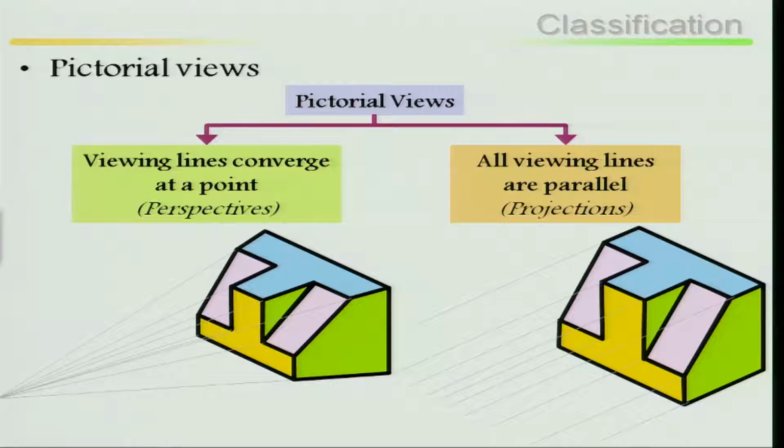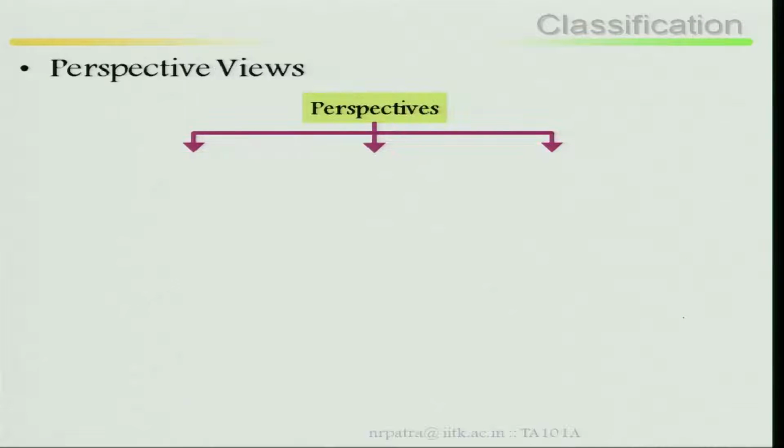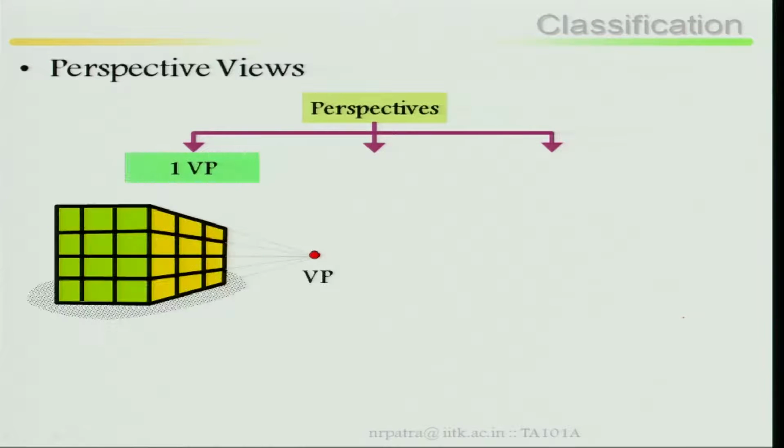Then the other part is where all viewing lines are parallel. This is called projections. So pictorial view has two parts, remember: one is where viewing lines converge at a point, perspective views; then viewing lines are parallel, this is called projections. Then perspective views are again classified into three parts. First one is one vanishing point. At one point all rays are vanishing, that is called one vanishing point.